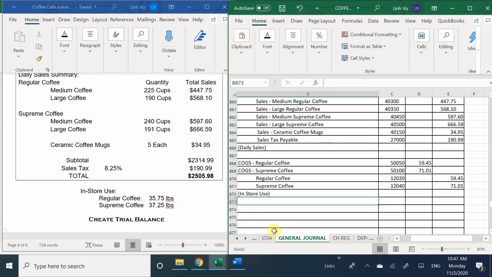What step comes next after the journal? It's step number 4, create a trial balance. Nope.